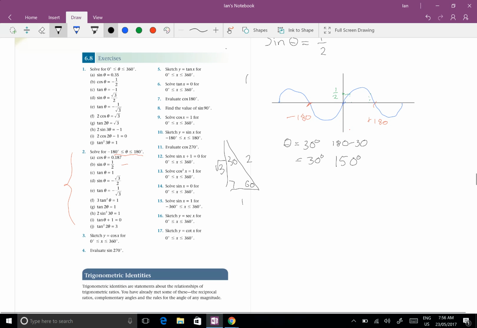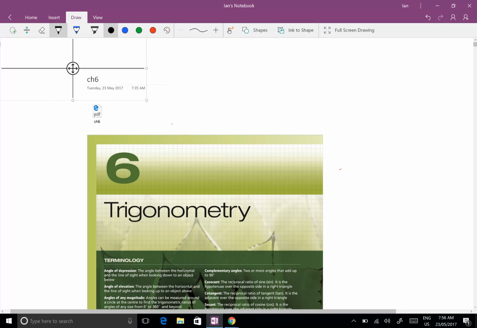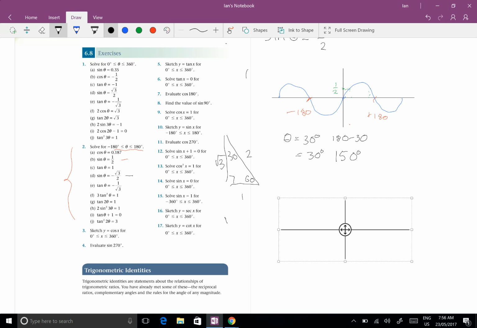But what happens if it starts to delve into the negative area? All right, well, I'm using the same graph, but I might just draw it again. I hate the way it does that. And I'll plot the graph here.